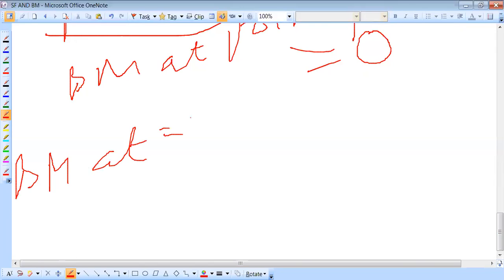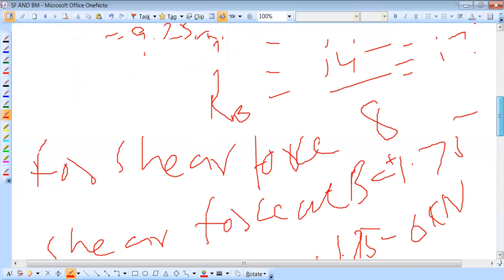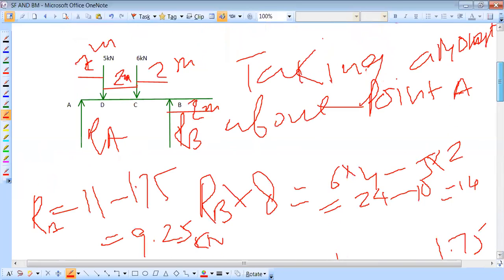BM at B, let's see. B is also 0, no force.